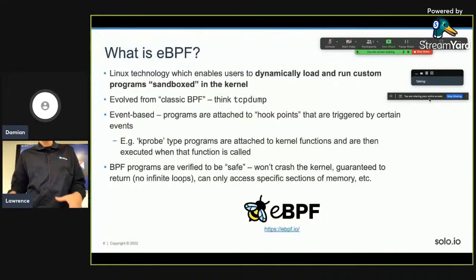So eBPF, as I mentioned, is a technology that allows you to load and run custom programs, sandboxed, so you can run these programs without having to modify the kernel. The reason it's called eBPF is that it is based off classic BPF, which is how things like tcpdump worked, and eBPF used to stand for Extended Berkeley Packet Filter.